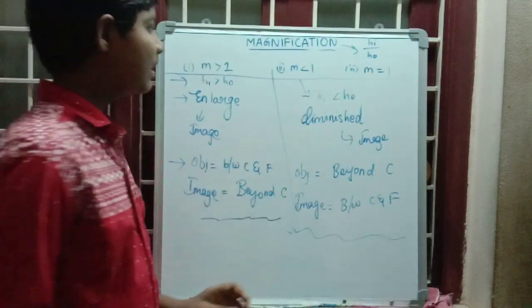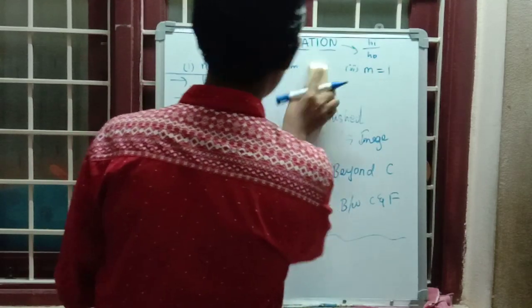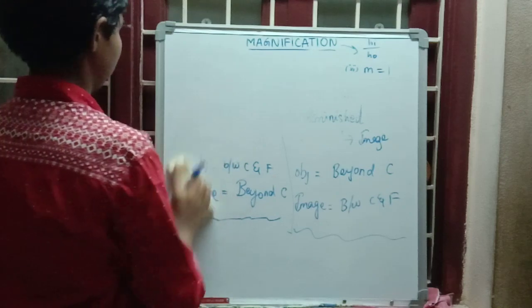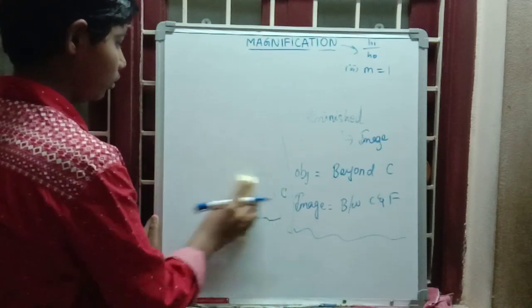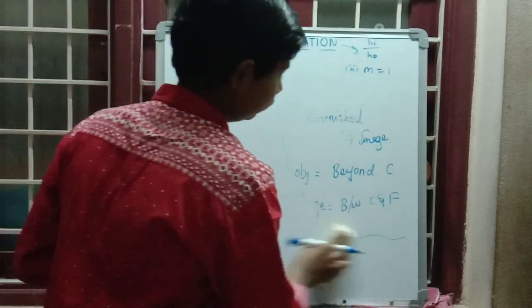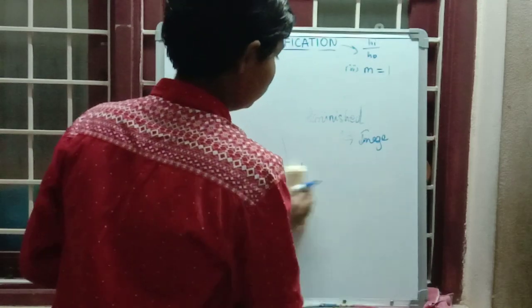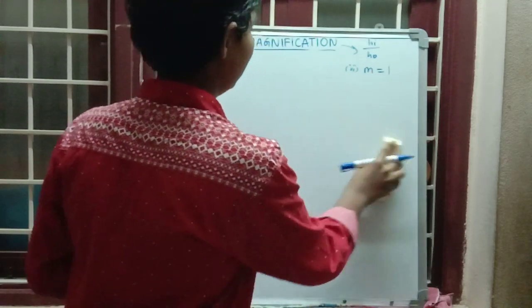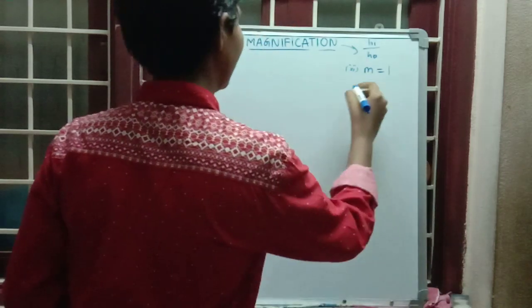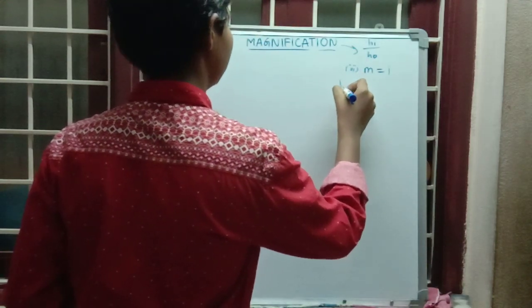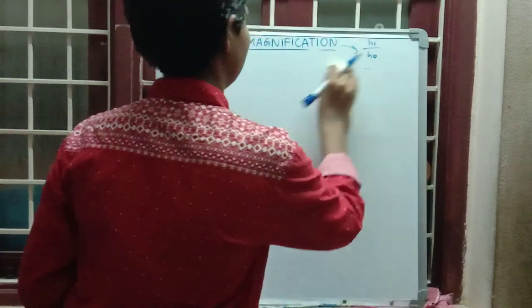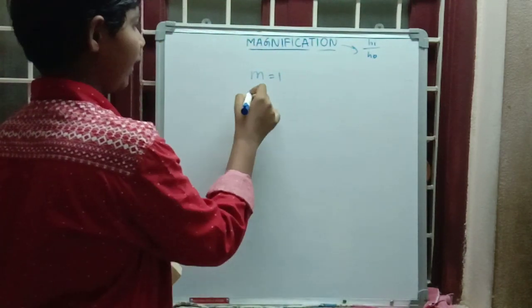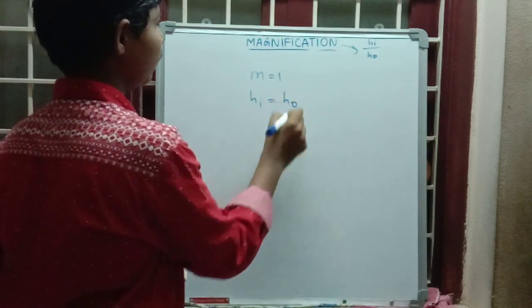Now we will discuss m equal to 1. M equal to 1 means height of image is equal to the height of object.